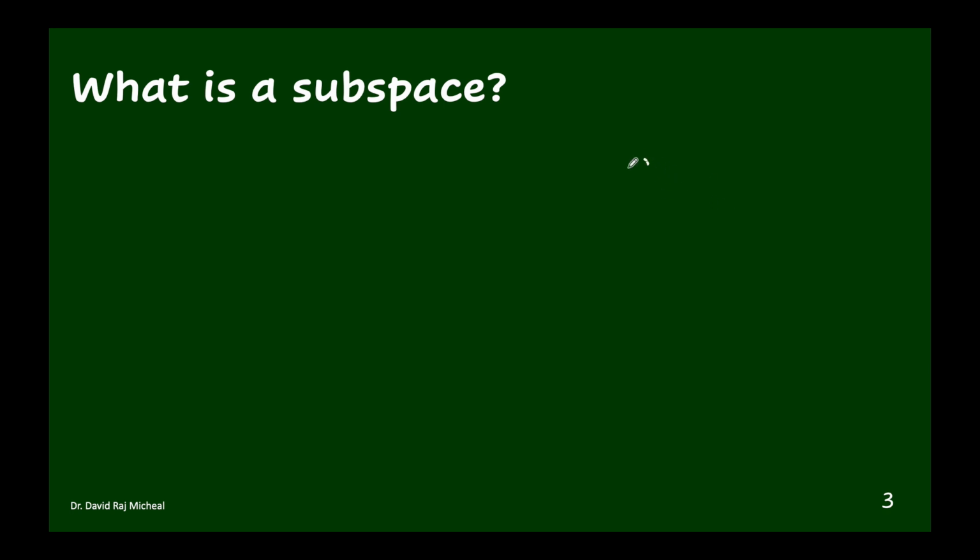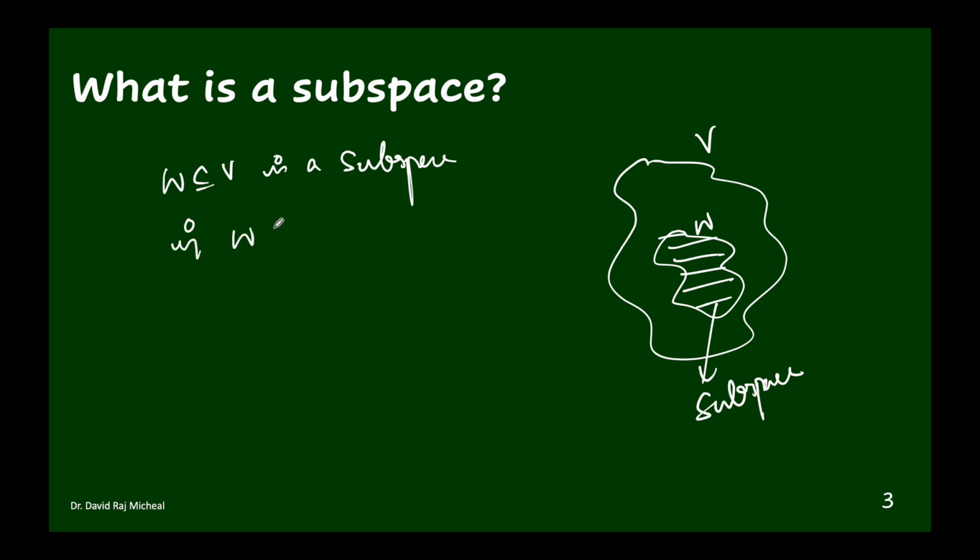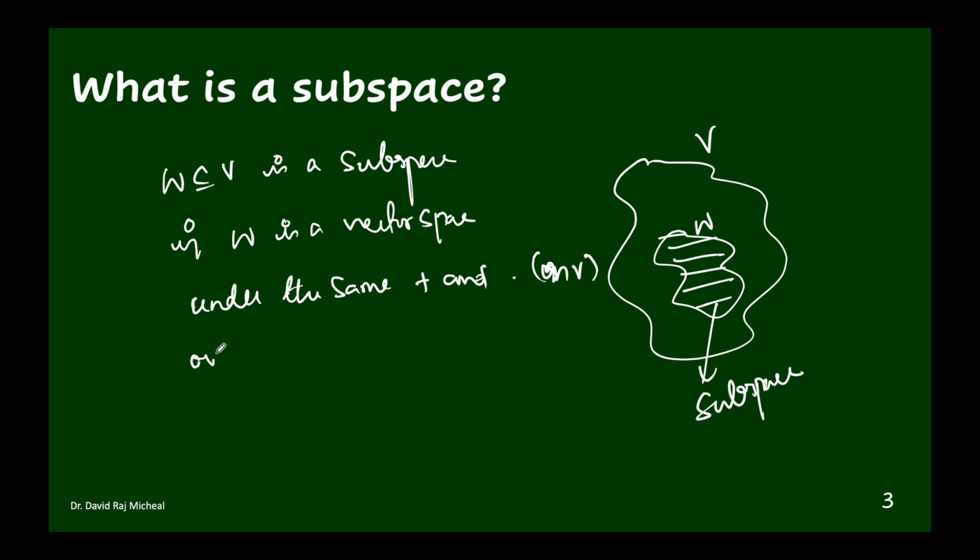Whenever a vector space is given, suppose V is a vector space, consider a set W which is completely contained in V. Then I would call this W a subspace if W itself is a vector space under the same operations defined on V. That is, W contained in V is a subspace if W is a vector space with respect to the same addition and scalar multiplication defined on V over the same field F over which V is a vector space.